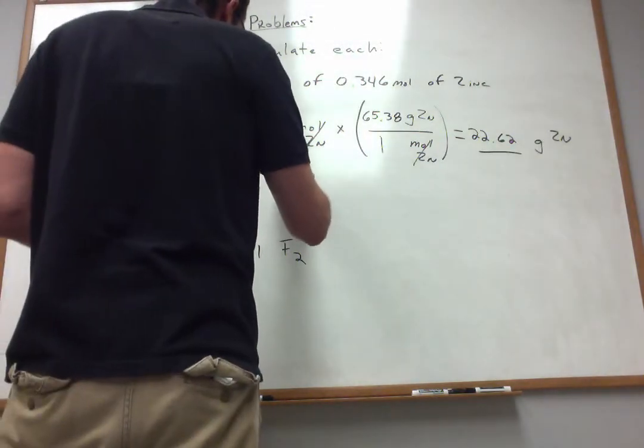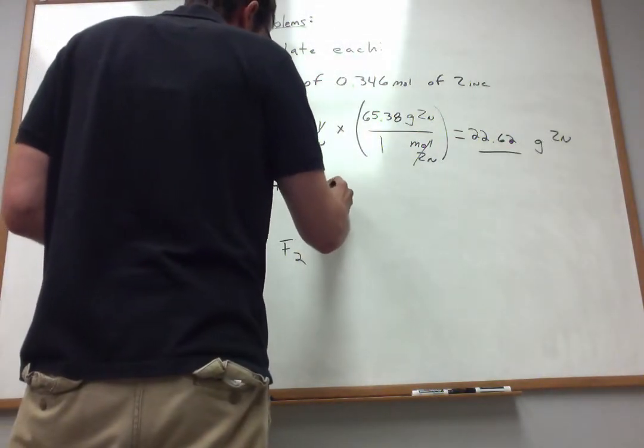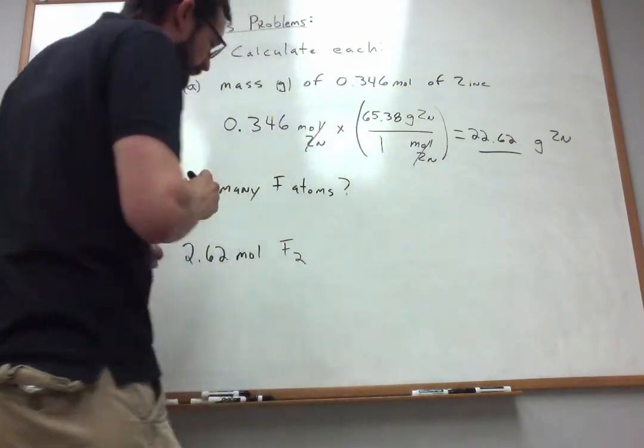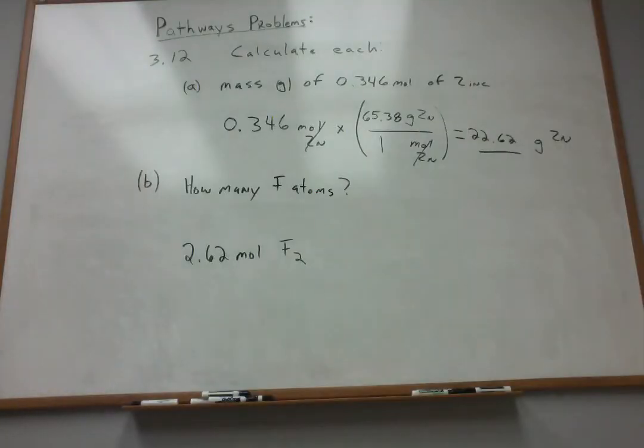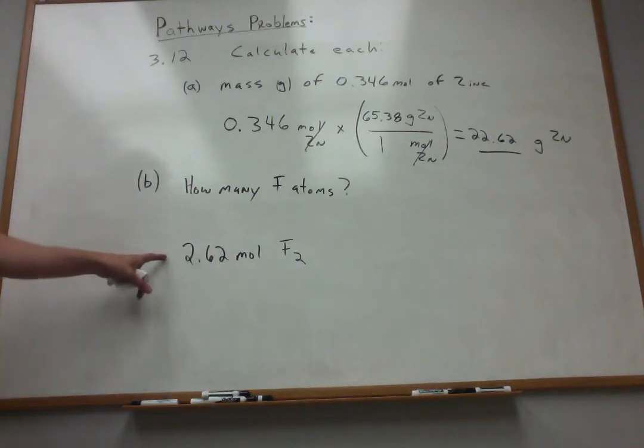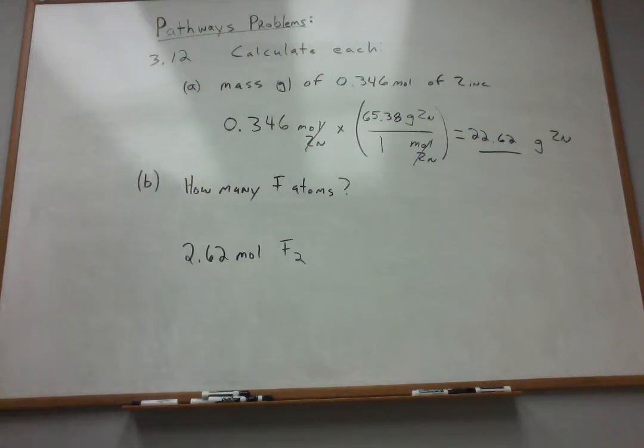An actual count. Not how many moles, but actually how many if we were to count them in this amount of fluorine gas, F2. This, of course, is a gas, a very, very reactive gas. So how are we going to approach this? Well, again, it's nothing more than a unit conversion.